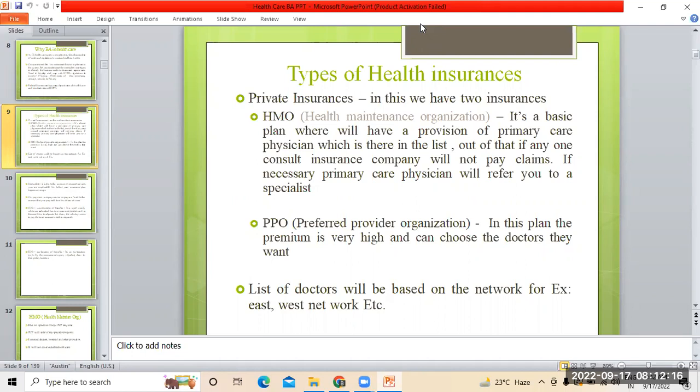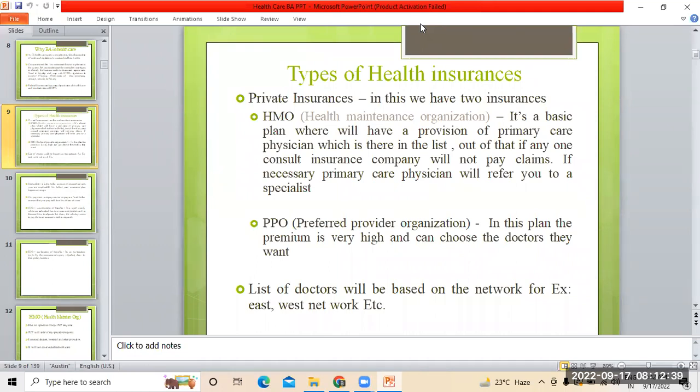This is a plan which majorly focuses on the high level, high premium, where we have a provision to meet even specialized doctors based upon the network we belong to, either East or West network, all that stuff. So these are the two different insurance plans.